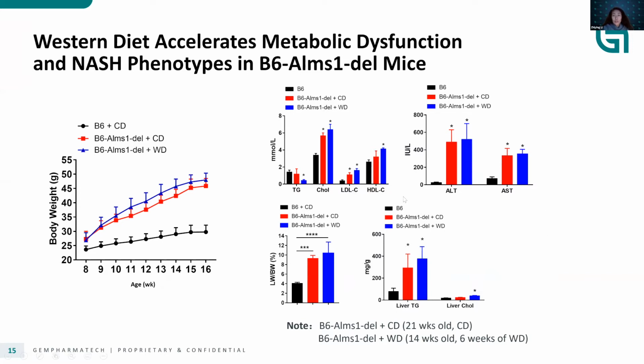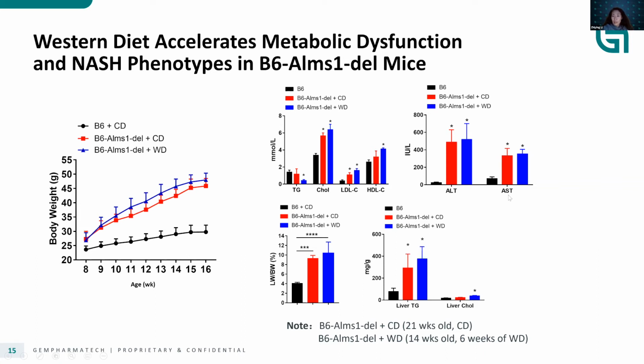So treating the animal with a high-fat diet, which is shown by the blue bars or the blue color, as you can tell, as the animal grows older, treated with high-fat Western diet actually accelerates their obesity or their body weight gain. It also accelerates their accumulation of the triglyceride, cholesterol, LDL, HDL in the blood.